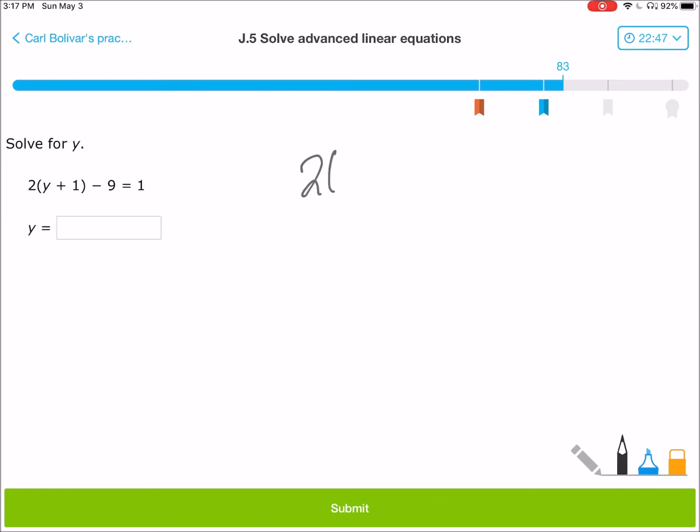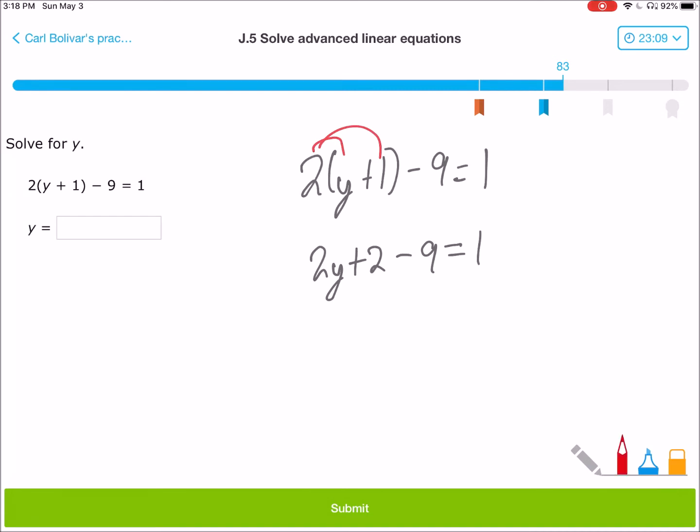So yeah. Now we have this one. 2 times y plus 1 minus 9 is equal to 1. Alright. What I would do first is distribute. So let's distribute. This would give us 2y plus 2 minus 9 is equal to 1. Now I would simplify these two terms, and that would give us 2y minus 7 is equal to 1.